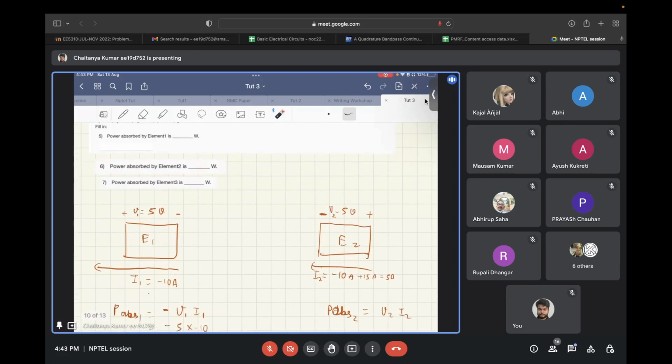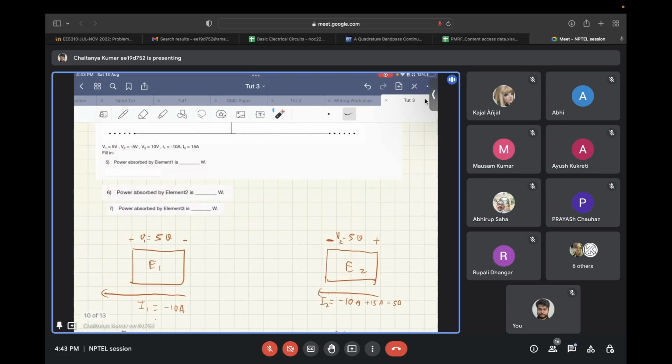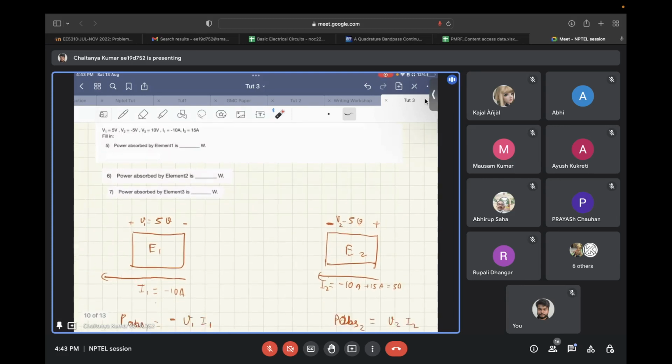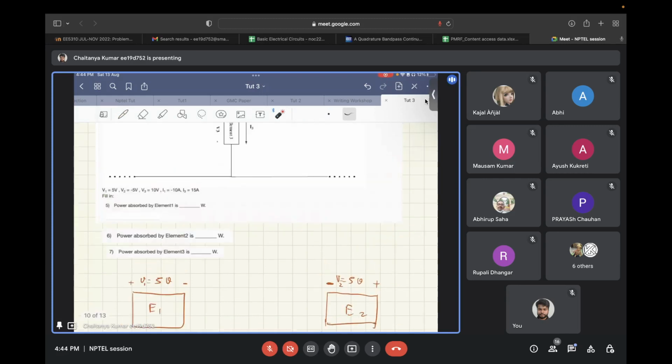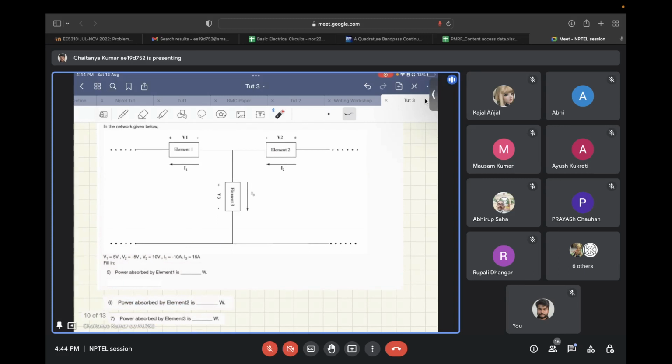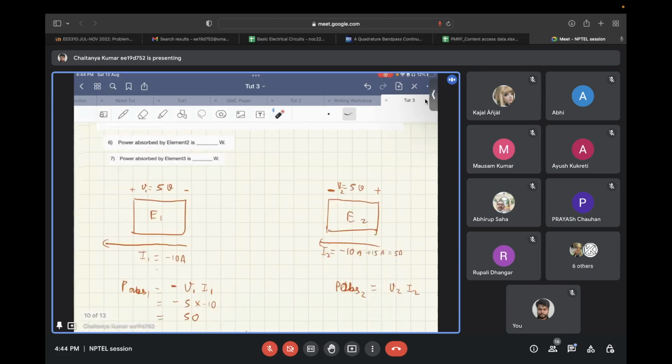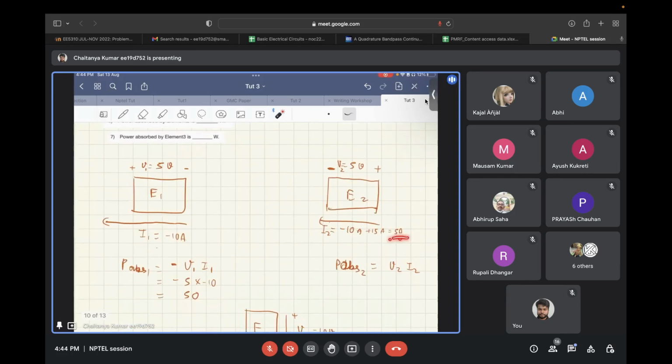Now for element 2, the voltage developed is V2, equal to minus 5 volts, and the current being pushed into the positive terminal, you can calculate I2 over here from the KCL at this node, that comes out to be 5 amperes.